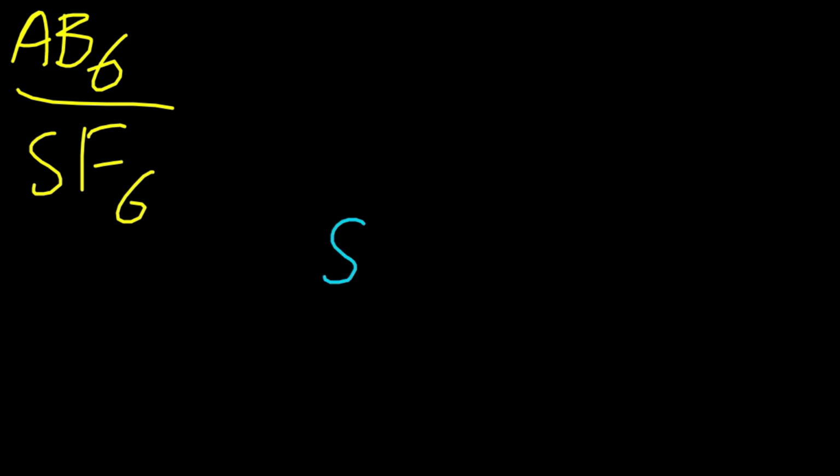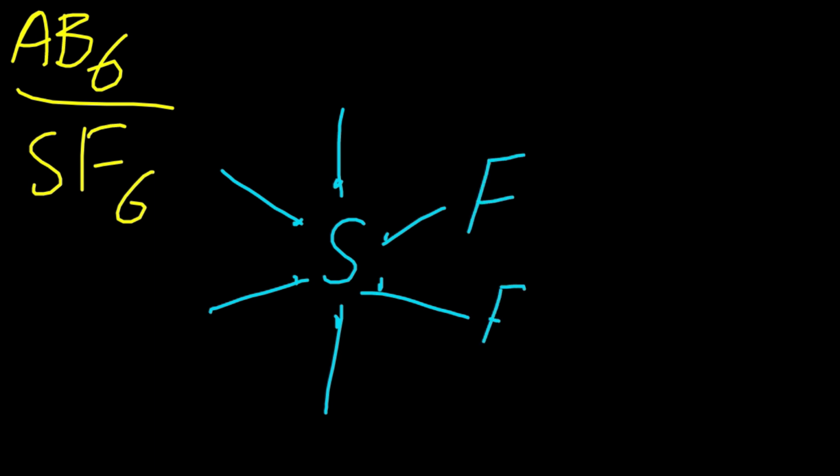Let's talk about AB6 type molecules. The central atom is surrounded by 6 electron pairs. An example is SF6. Sulfur has 6 electrons in its outermost shell. If all are bonded, then the arrangement of electrons around the central atom would be like this.